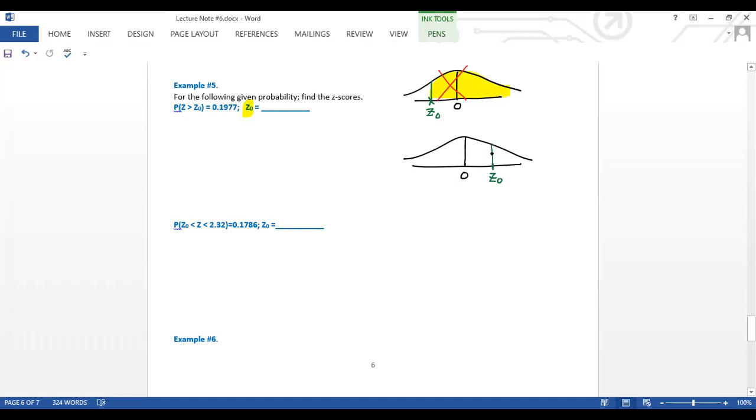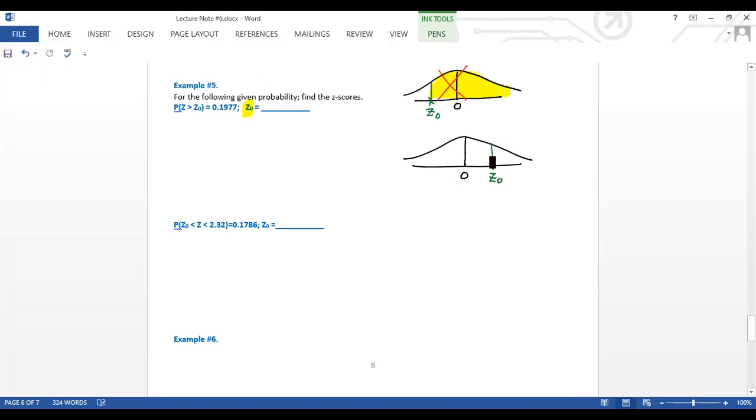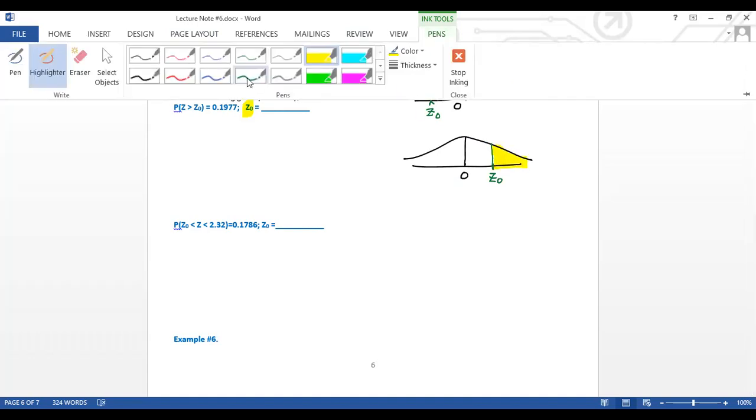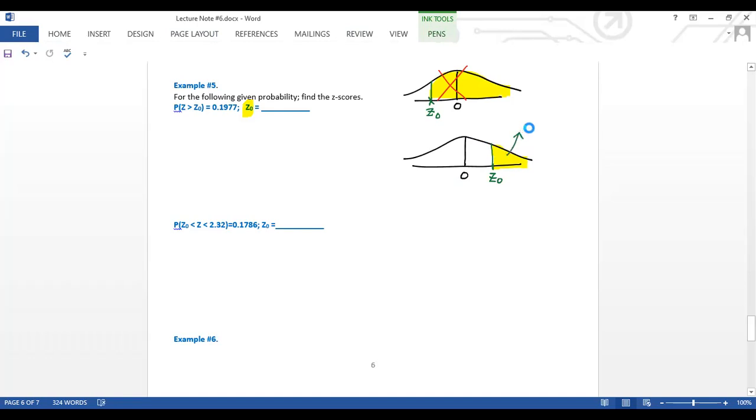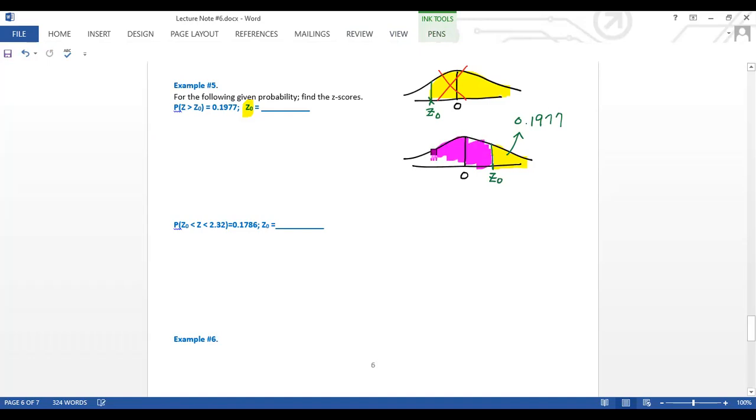If this is the right-hand side, then the given area is the area greater than z0, and that is 0.1977. Be careful here, because the table values and the calculator's CDF functions always use the area on the left-hand side of your z-score.